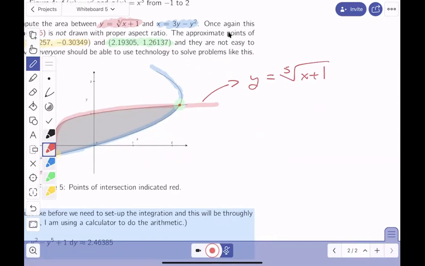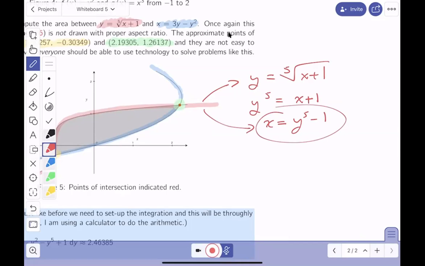What do you get over here? y to the fifth power equals x plus 1, or x would equal y to the fifth minus 1. All right, so I'm going to claim that this curve is now going to be called this one over here. I prefer that.